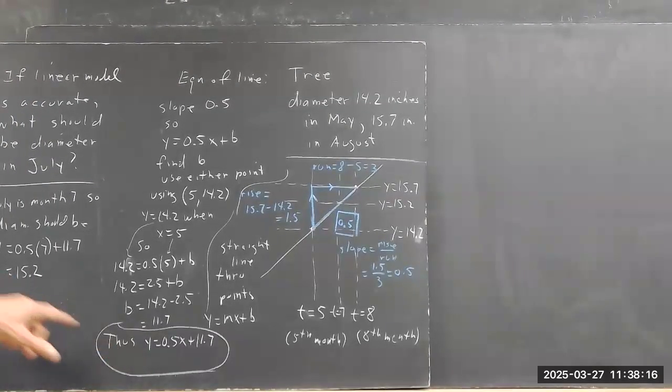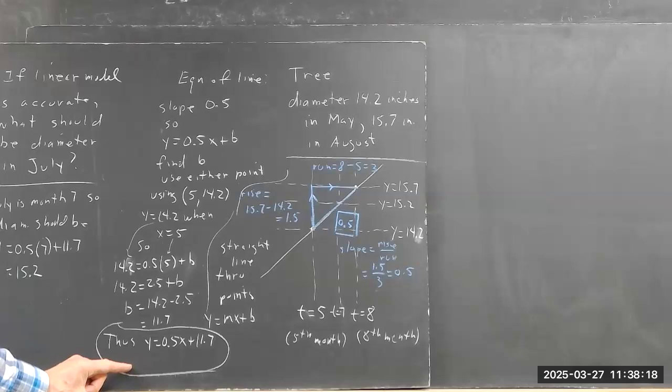So we see that the equation has some use. Not particularly useful for a tree growing from month to month. But the way the problem, I think, is stated, it's over a period of years. So it's like, give you the diameter of 2005, the diameter of 2012.